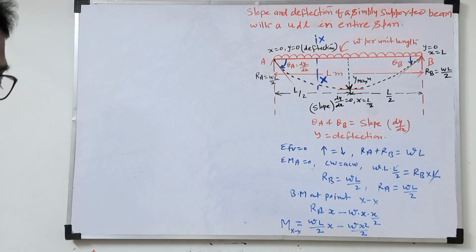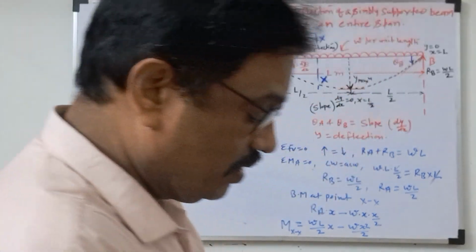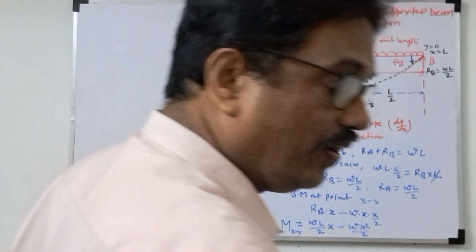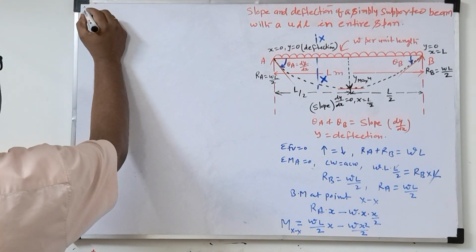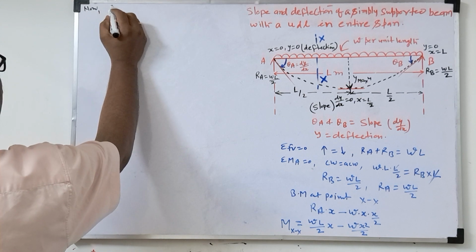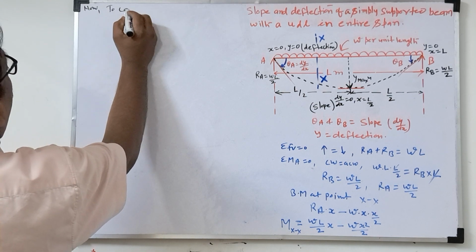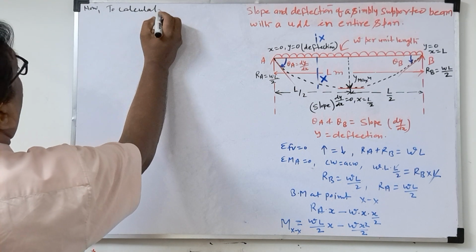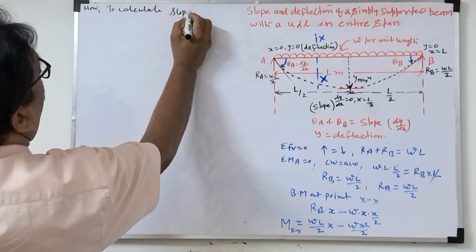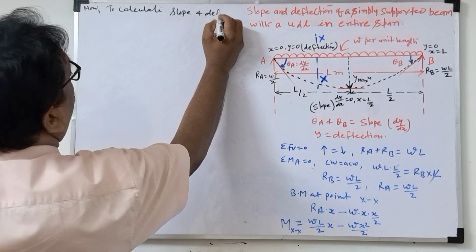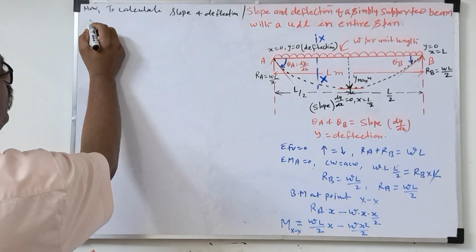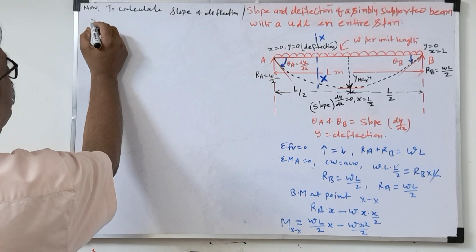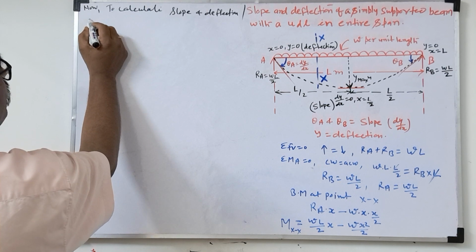Now to calculate the slope and deflections, we know the slope and deflections, we will write the bending moment equation.